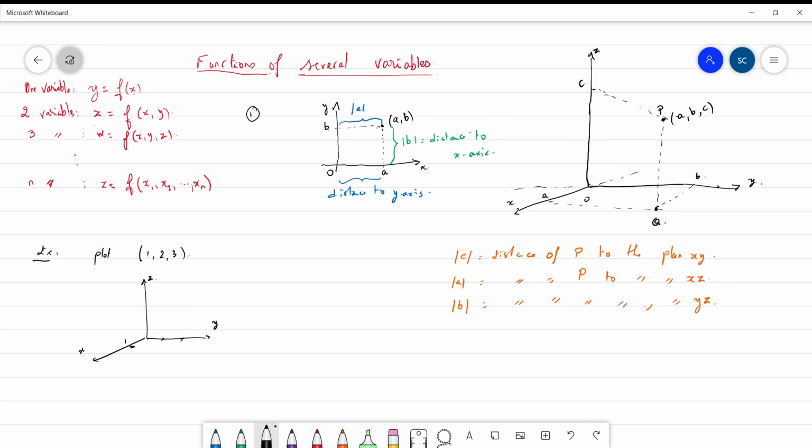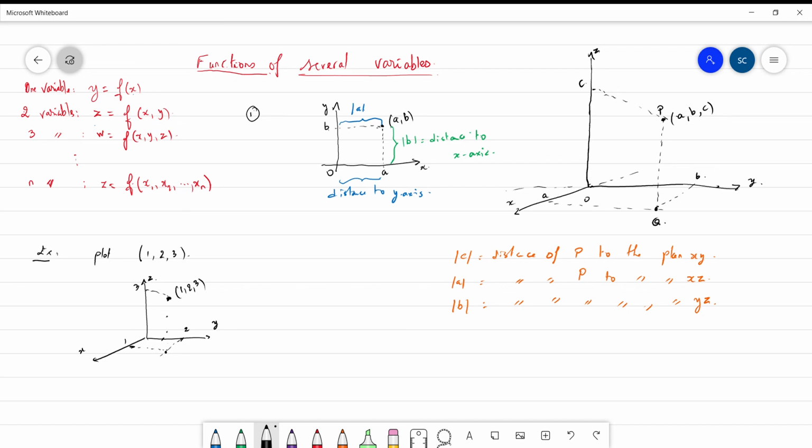So we have the projection point. Then it says I am at level 3, distance 3 from the plane. So I move 1, 2, and 3. Here it is. This is my distance 3, and here is my point (1, 2, 3). Great.